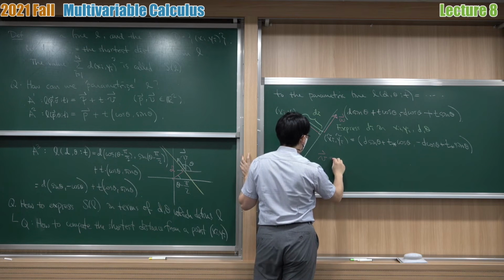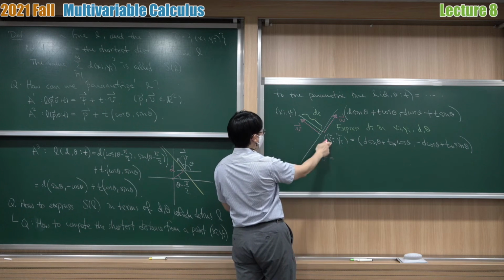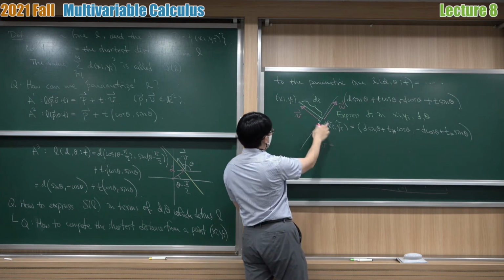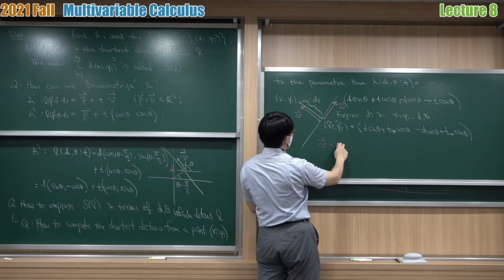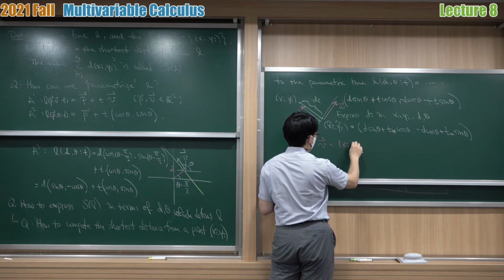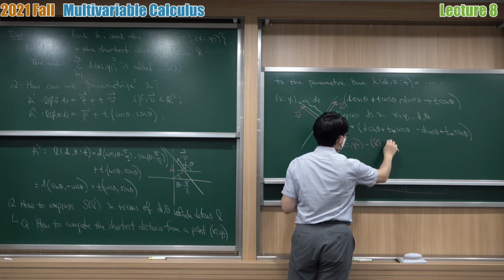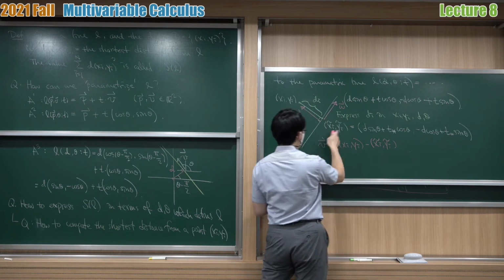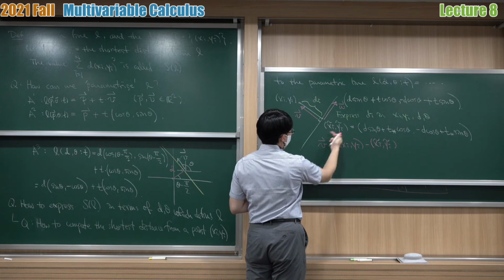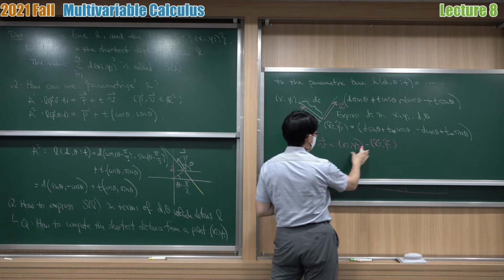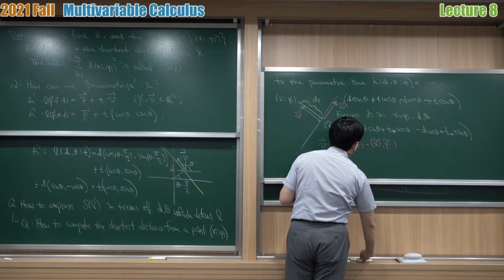So V is the subtraction of the 2 position vectors. So xi, yi minus xi tilde, yi tilde. Although this is the notation for the point coordinates, I'm using it as a coordinate vector too.